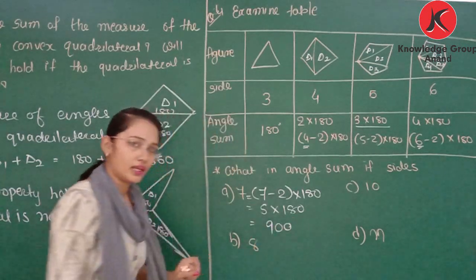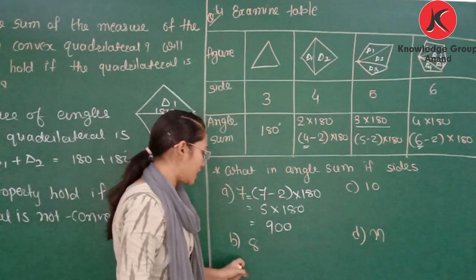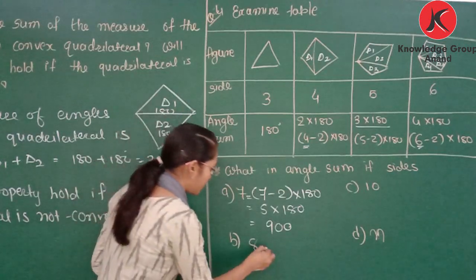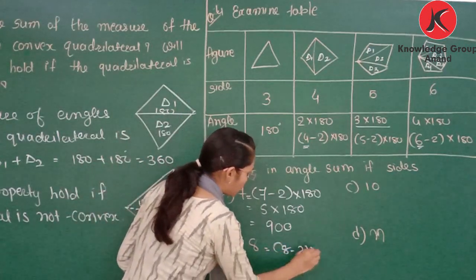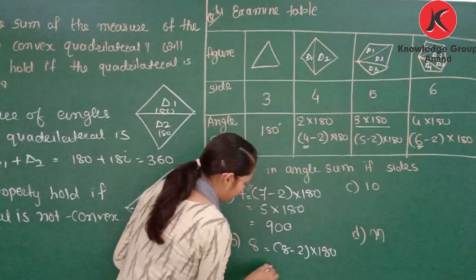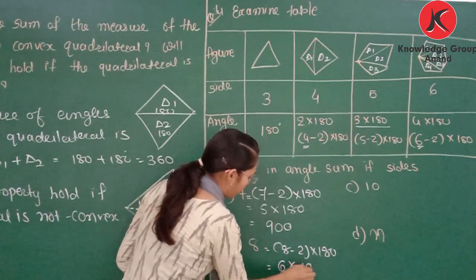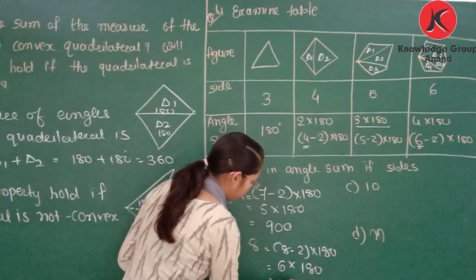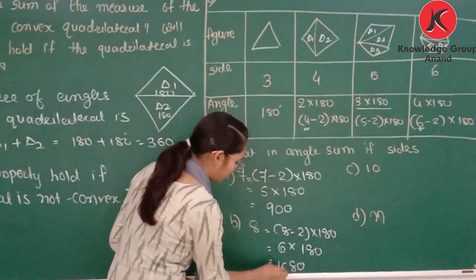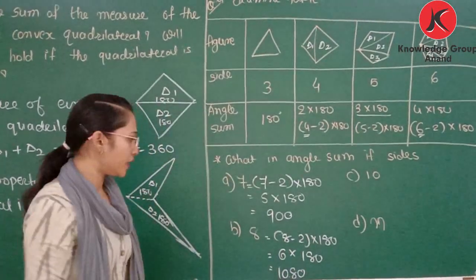So it is 5 into 180, so it is 900. For sides which are 8, we can write 8 minus 2 into 180, 6 into 180, 1080.